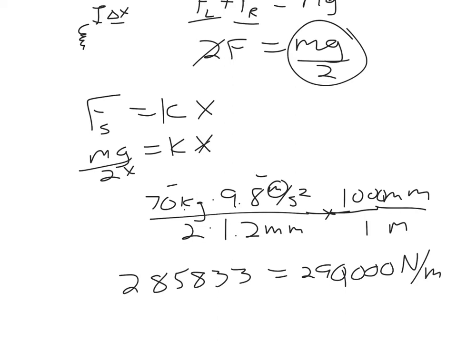Because we have kilogram meter per second squared on top, that's newtons. Millimeters cancel, and we have meters on bottom. Newtons per meter is a spring constant value, which is fine. This is a very stiff spring, almost a third of a meganewton per meter. All right, I guess I will accept that.